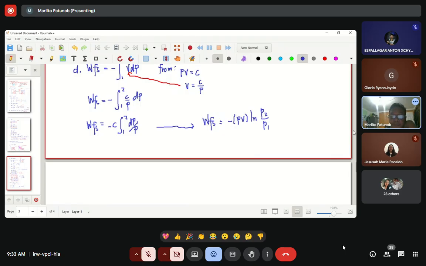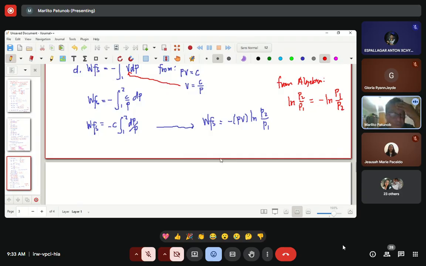Okay. If you notice, from algebra and the properties of ln, ln P2 over P1 will be equal to the negative ln of P1 over P2.